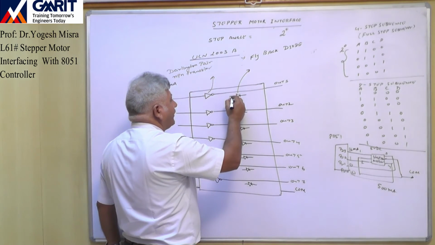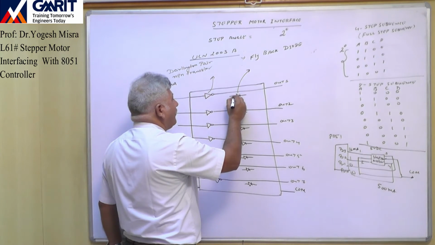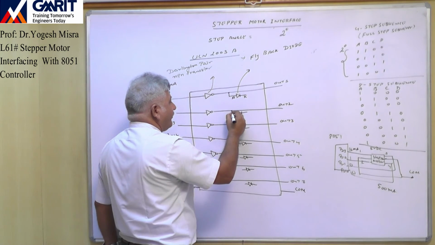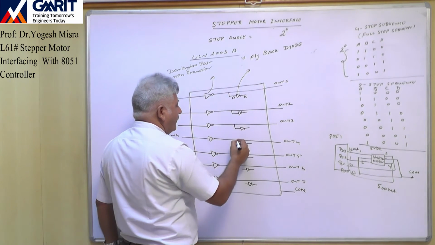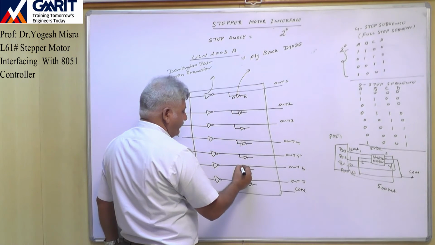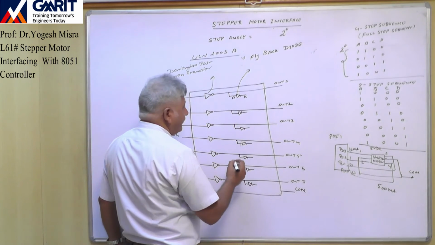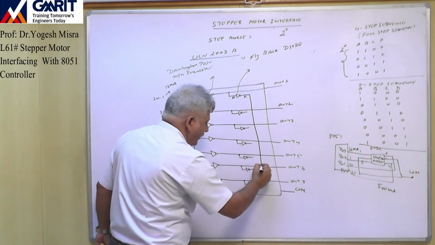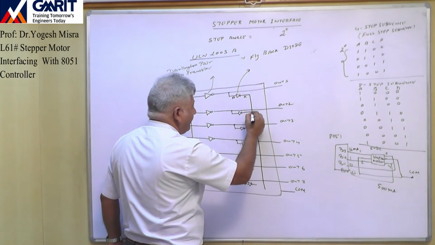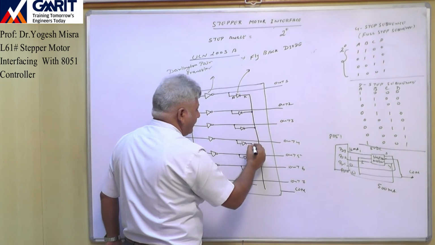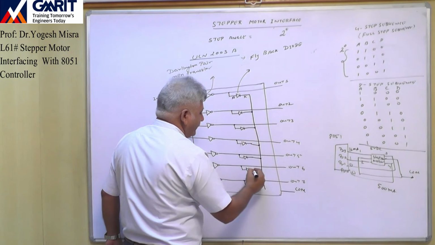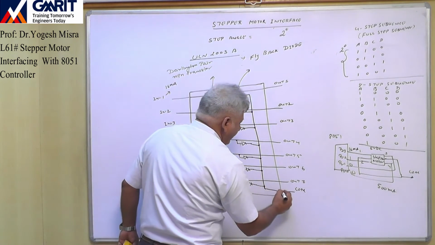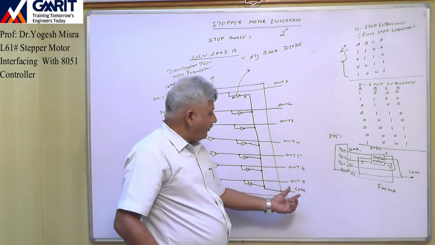So this is the anode terminal and this is the cathode terminal of the diode. The anode terminal is connected here, to the output of this buffer. And the cathodes of all the diodes are joined together, this, this, this, this, this, and it will be taken out as a common terminal.